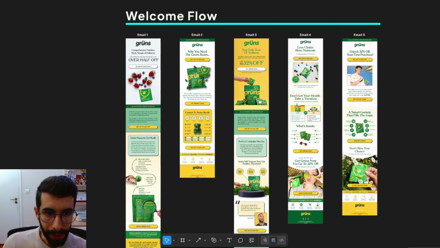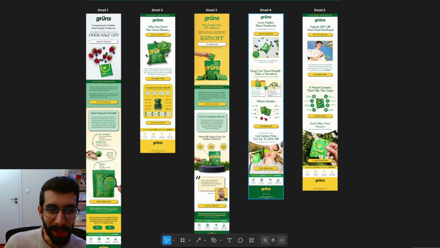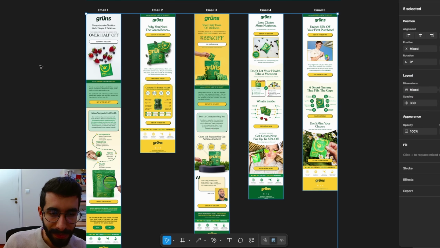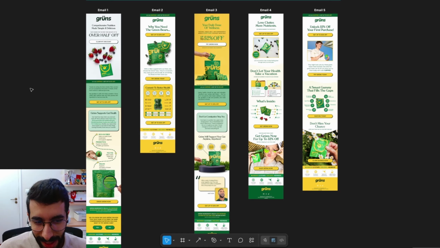But what they did here essentially is they did different versions of the same email. So to be honest, all of these emails feel to me like campaigns, like they're doing a sale or something. It doesn't feel like a welcome flow at all, okay? There is no sequence here. They didn't do this correctly at all.